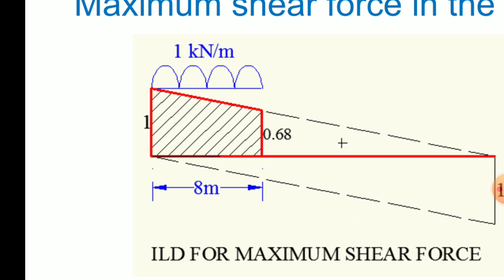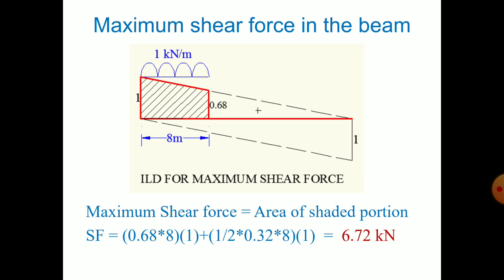So here the area of the shaded portion will be the maximum shear force. The shear force will be equal to 0.68 into 8 into 1 plus half of 0.32, that is 1 minus 0.68, 0.32, into 8 into 1. So the maximum shear force is 6.72 kilonewton.